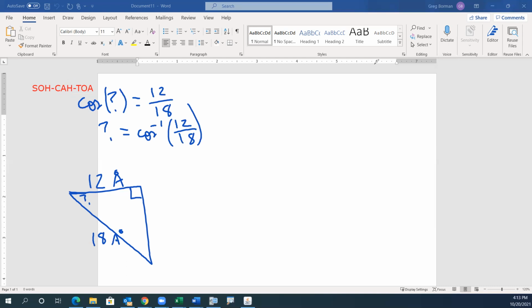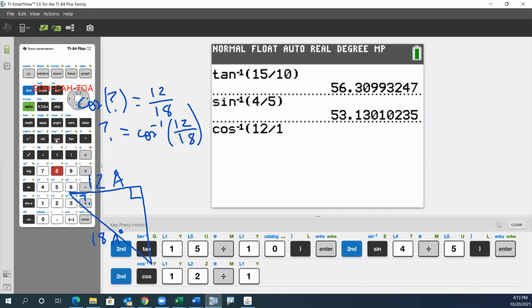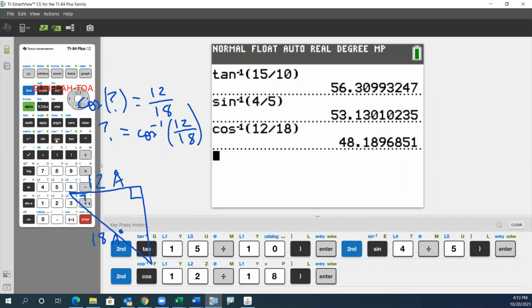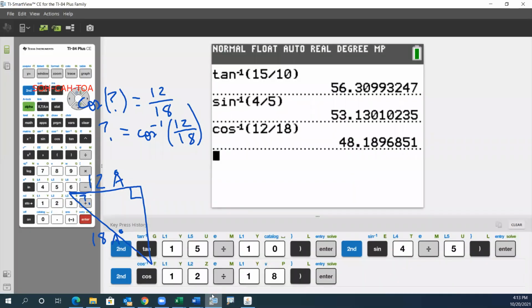Then on the calculator, second cosine of 12/18 is 48.2 degrees, and that's how big the angle is. That is how this is all done. There will be some subtleties in the homework, but these two videos should really help move the ball down the field for you. That's all I got.